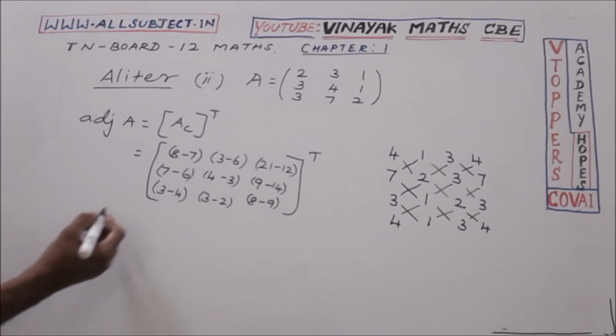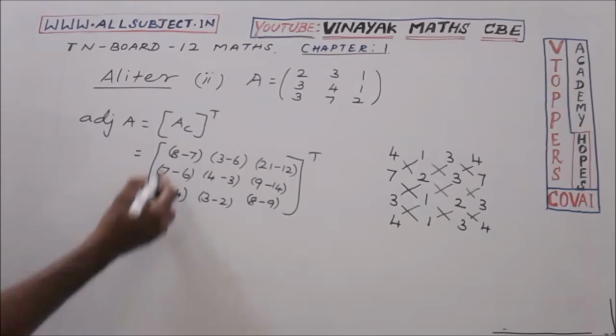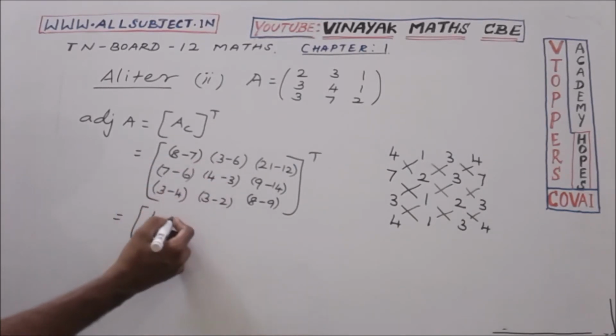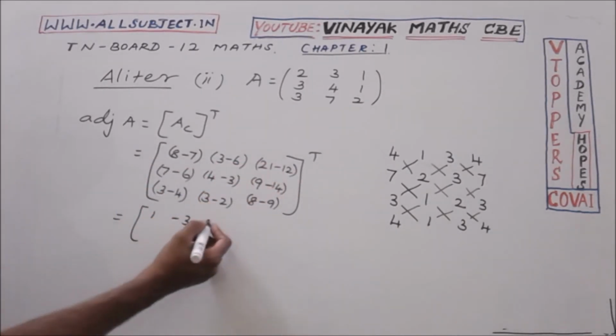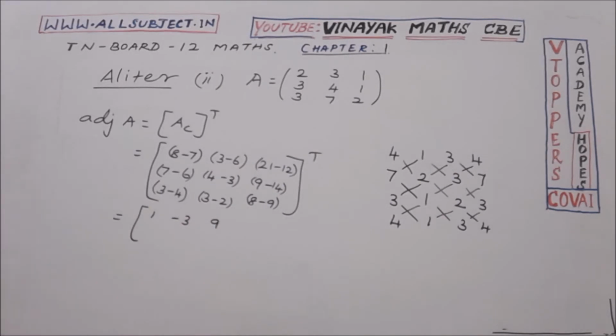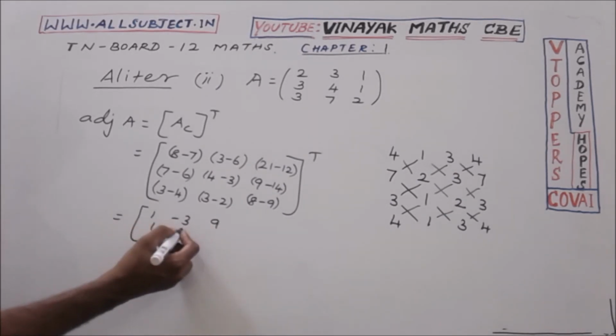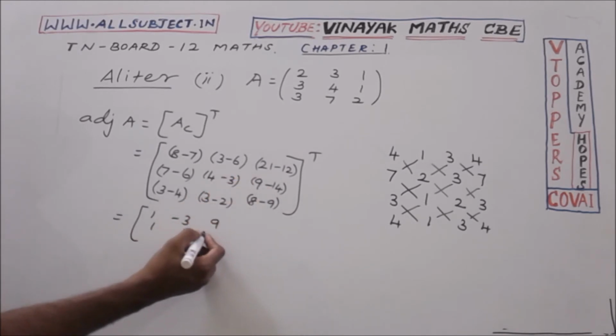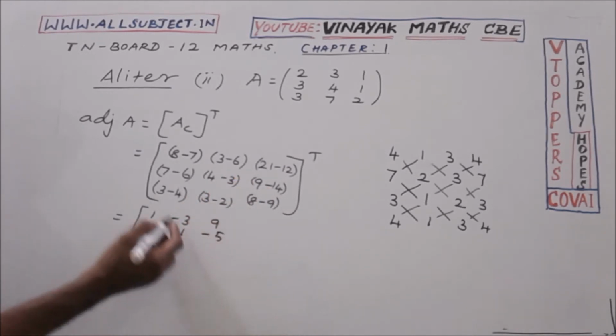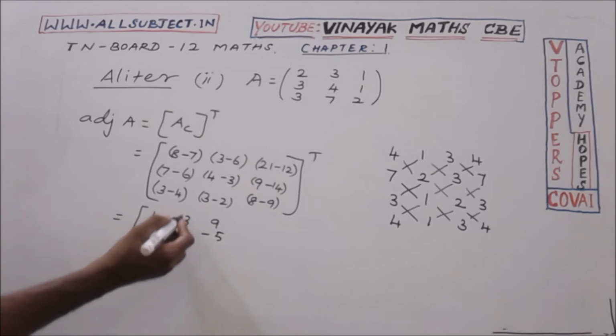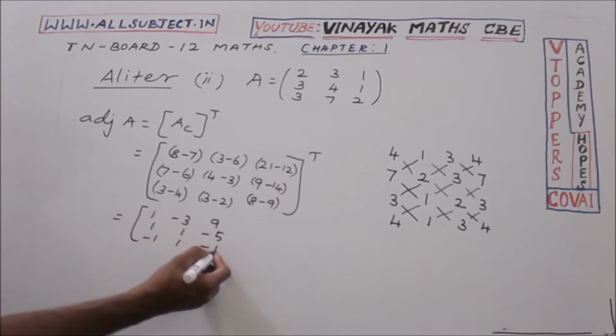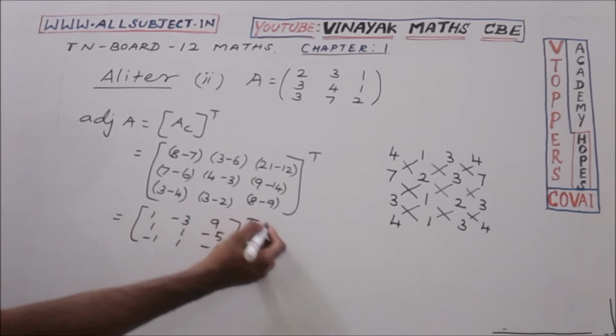We will have 1 minus 3, 9. And then 7 minus 6, 1. 1. 9 minus 14, minus 5. The last row minus 1, 1 minus 1, transpose.